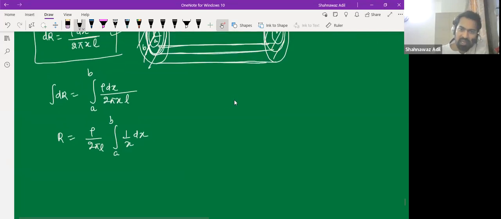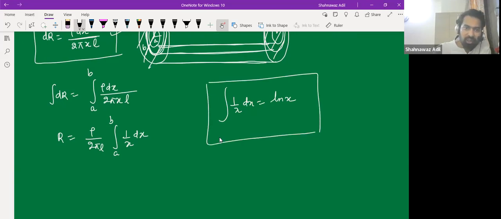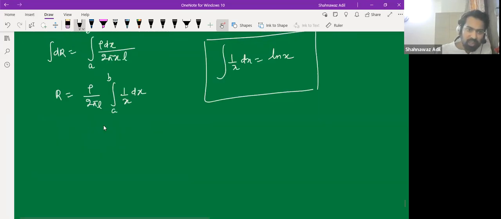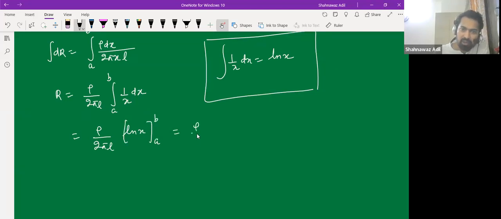The integration of 1 by x is ln x. Then this would be rho by 2 pi L times ln x from A to B. So this is rho by 2 pi L, and this is ln B minus ln A. So what is ln B minus ln A?